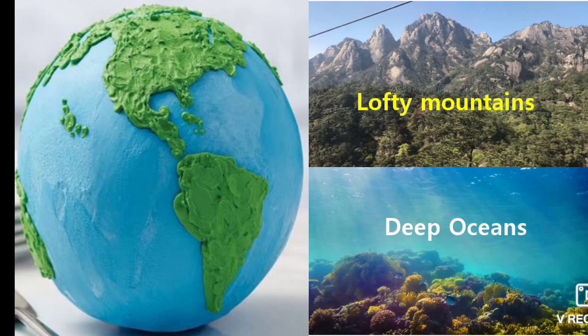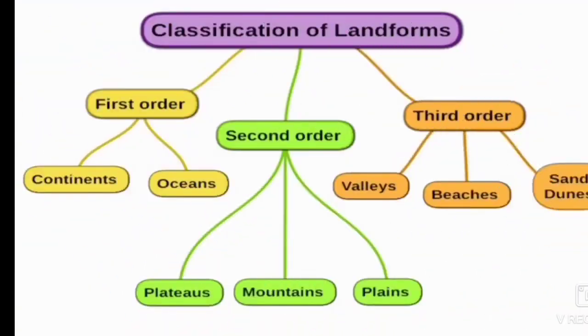Students, next we can learn about classification of landforms. Landforms are classified under three categories: first order landforms, second order landforms and third order landforms. First order landforms are continents and oceans. Second order landforms are plateaus, mountains, plains.